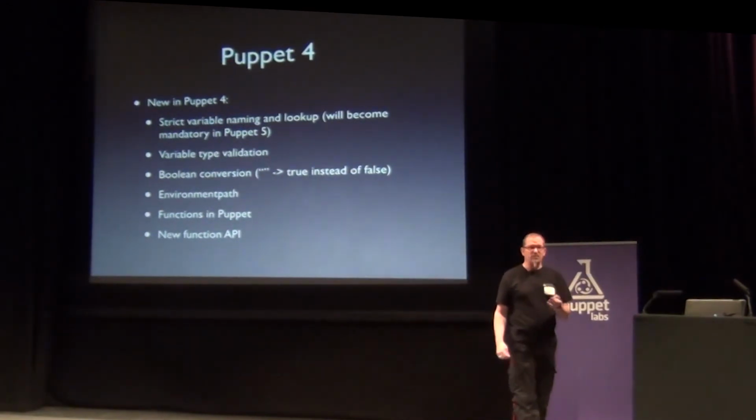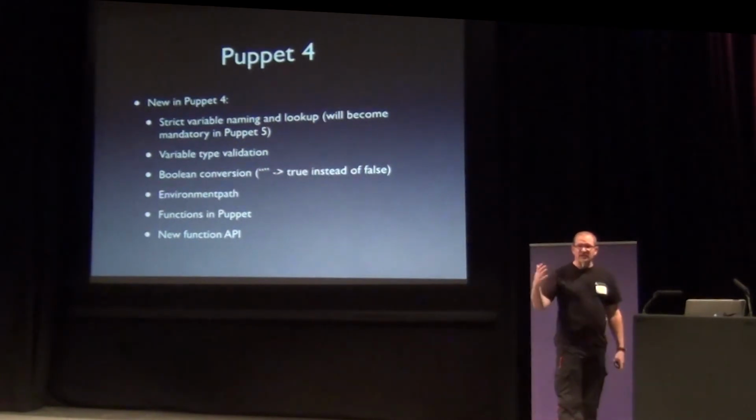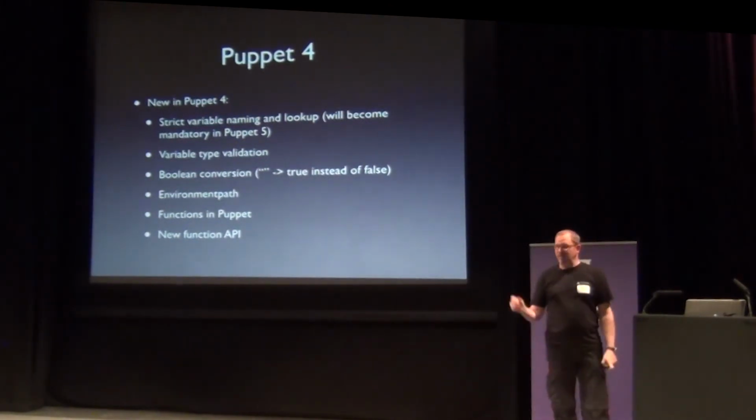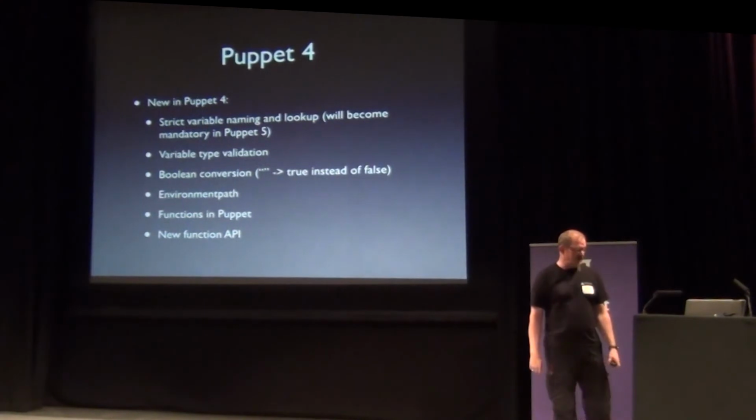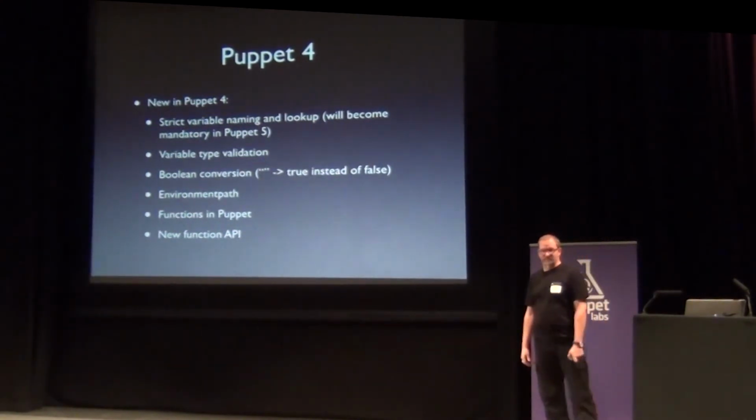It has to be a string with certain things in the name. It has to be a bool. It has to be a float with 2 digits past the dot and stuff like that. So you have type validation built directly into Puppet 4.